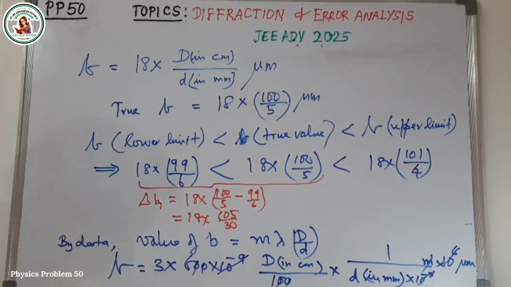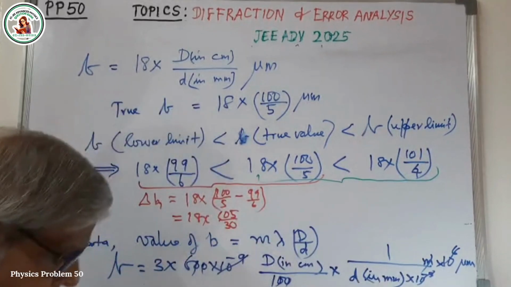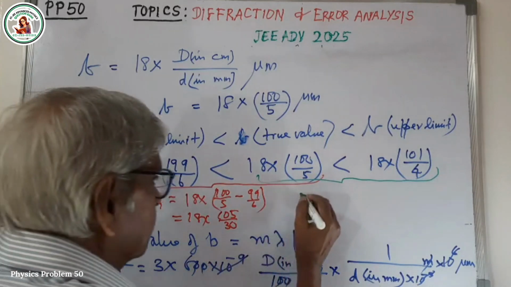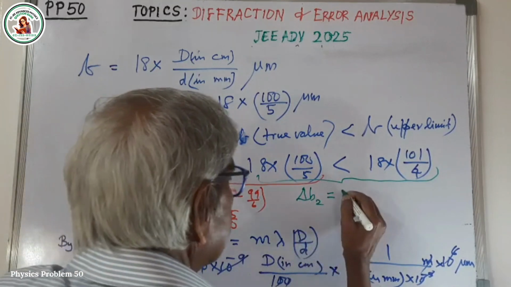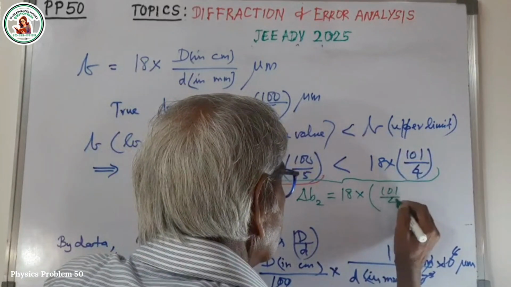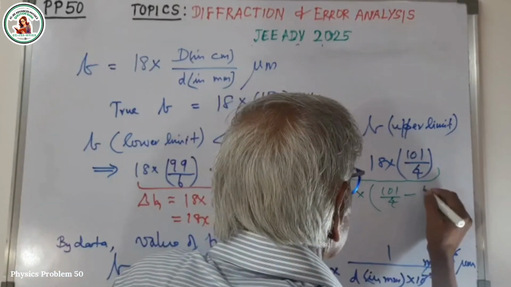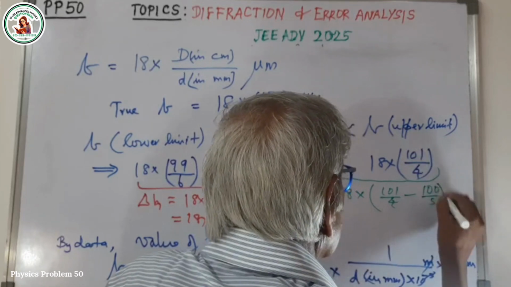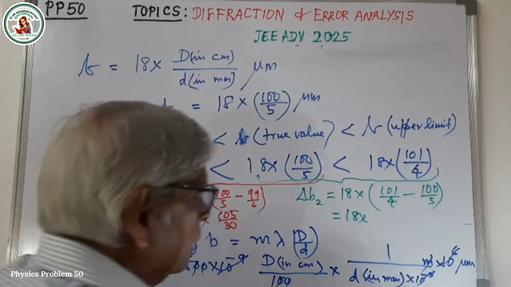Now the error with the upper limit, call it delta B2, is the difference between these two: 18 times 101 by 4 minus 100 by 5, which gives us 18 times 105 by 20.